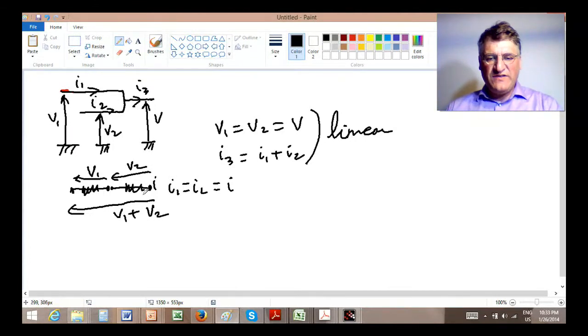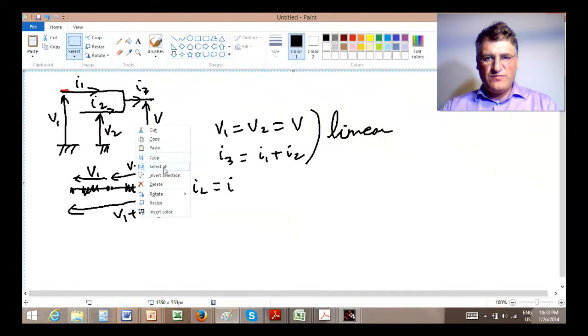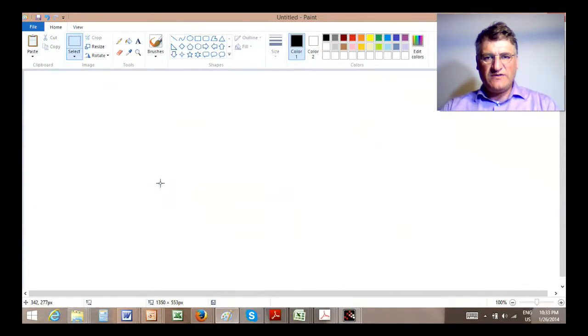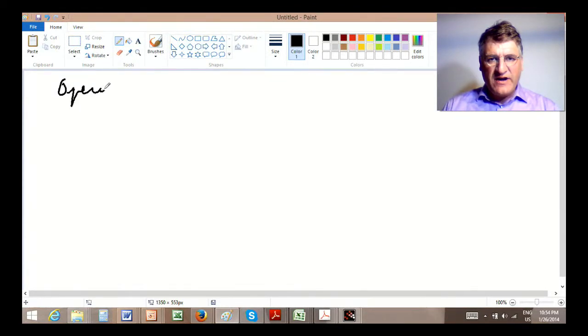Now that we have briefly seen interconnections, I want to talk about other elements that are super useful. We are now going to talk about the operational amplifier.